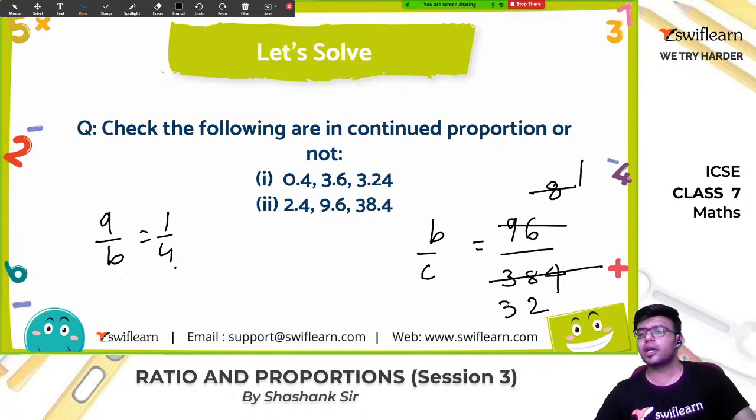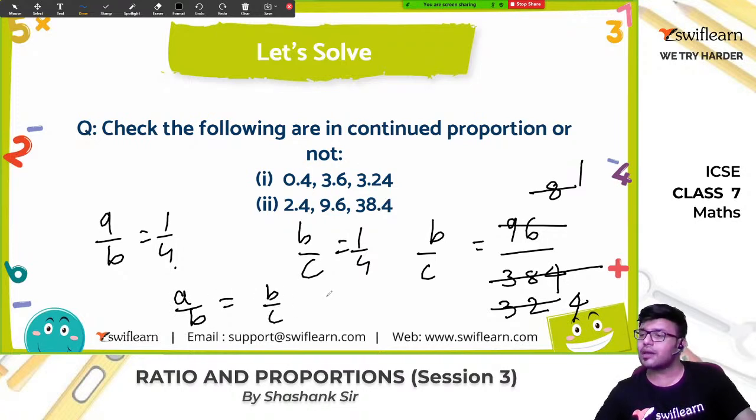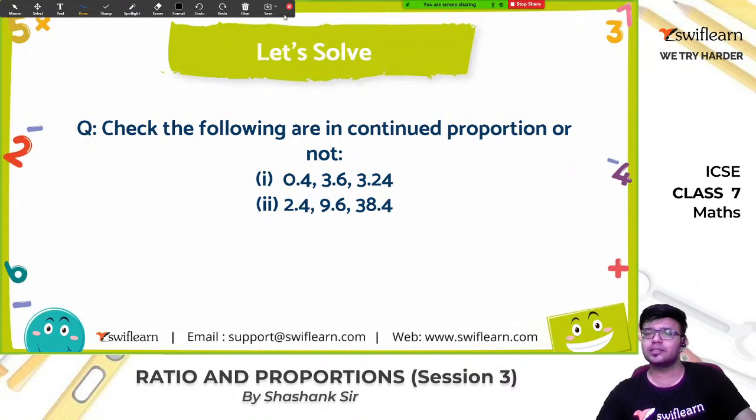Okay, 8 1s are 8, 8 4s are 32. So B by C is also 1 by 4. Okay, so what can we see here? A by B is equal to B by C. So these are in continued proportion, guys.